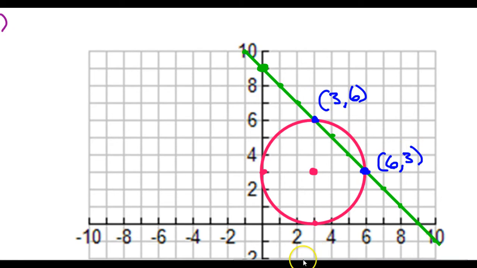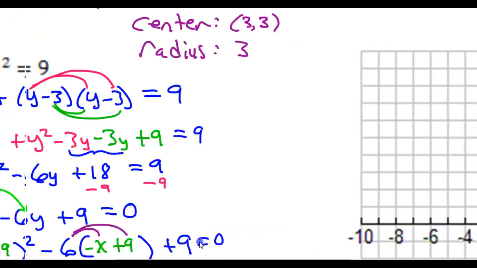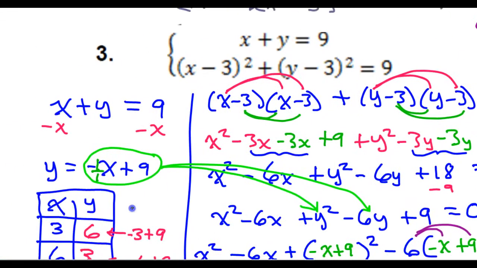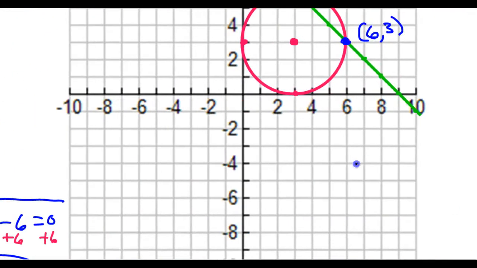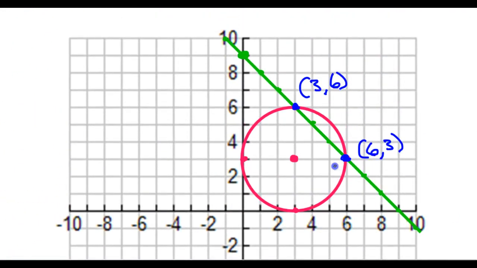So how do those match up with the points that we found algebraically? Oh, look at that. 3, 6 and 6, 3. Same exact thing. All right, but that is how you would solve a system involving conics graphically, or really any system graphically. You will just graph both shapes and look for the points of intersection.